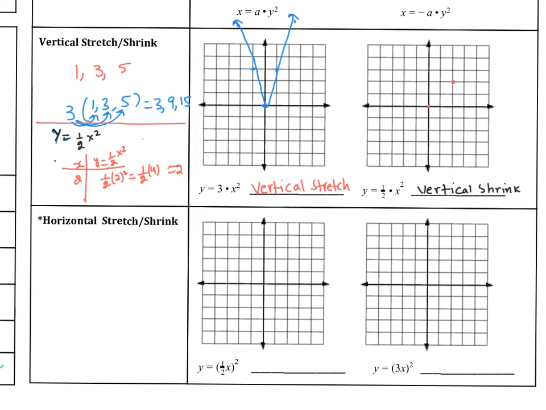And since the graph of a quadratic function is a symmetrical graph, whatever the point is here, you're going to use on the left side the same point. We're going to get a graph for a vertical shrink that is shrunk by a factor of 1 over 2.